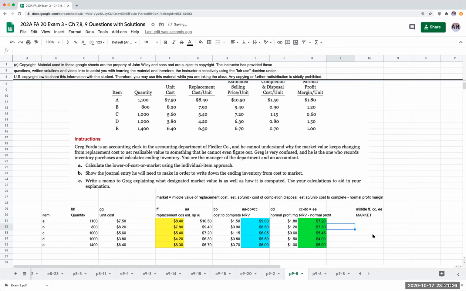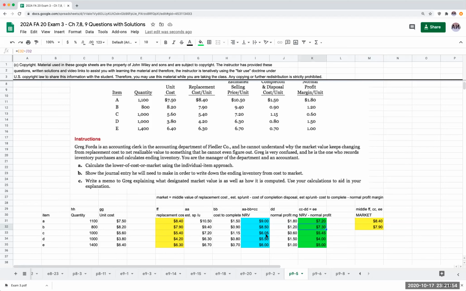My market here, the middle value, is $8.40, which is the replacement cost. The next one, my middle value is also the replacement cost, $7.90, because $7.90 is between these three values.